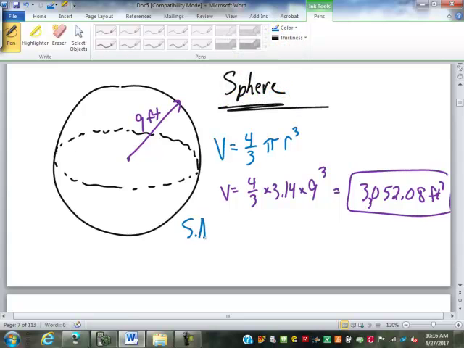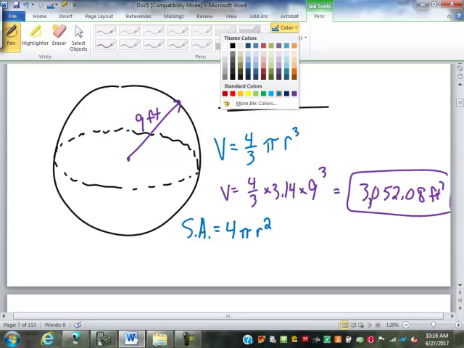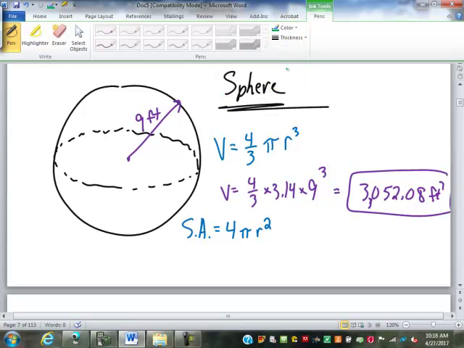Surface area is 4 times pi times the radius squared. So we still have the radius of 9 feet.